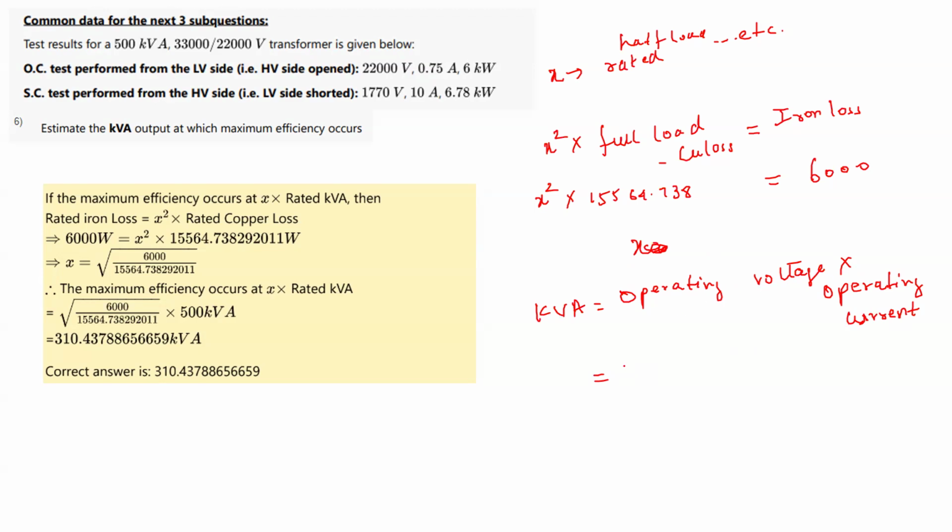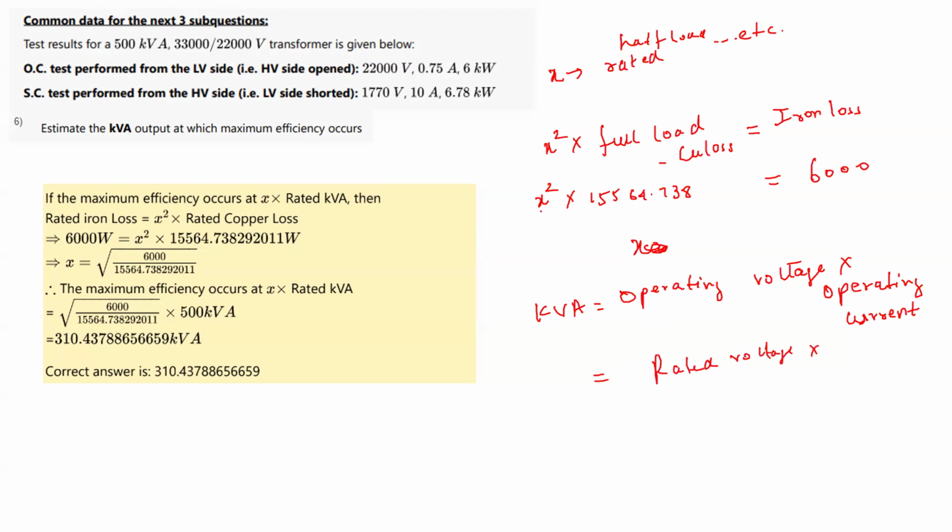We generally operate at rated voltage because if we have to change the loading, we change the current, not the voltage. If we change the voltage, we can have V by F issues, and then there will be flux saturation issues. So operating voltage is rated voltage. And what about operating current?